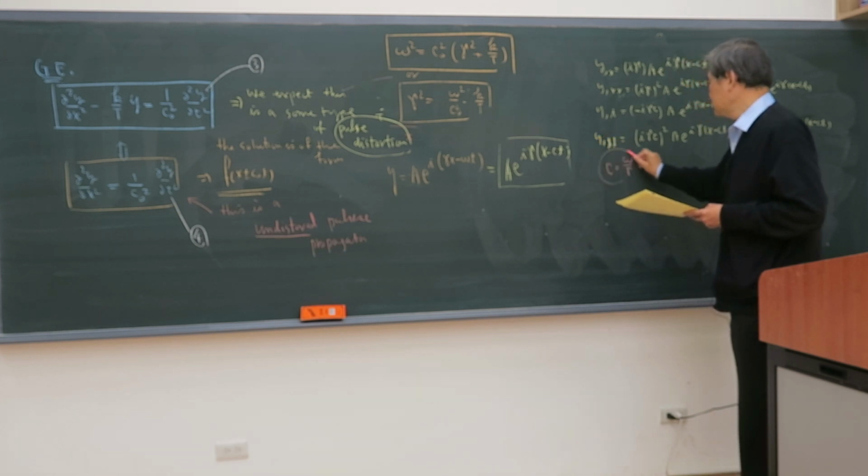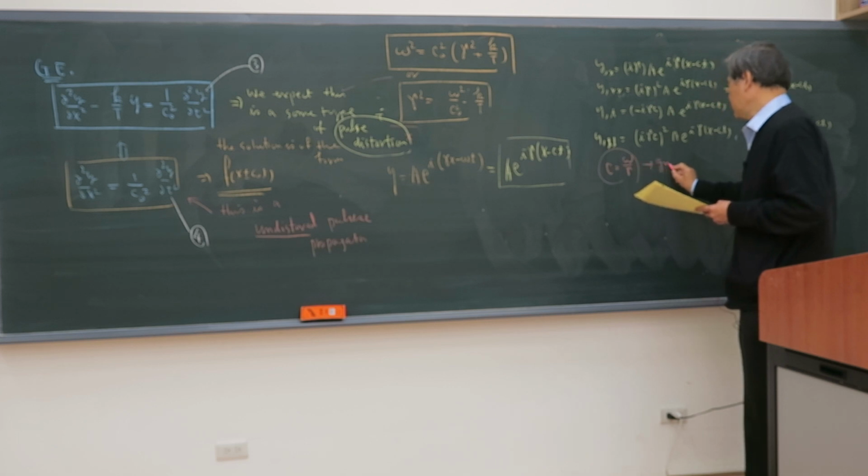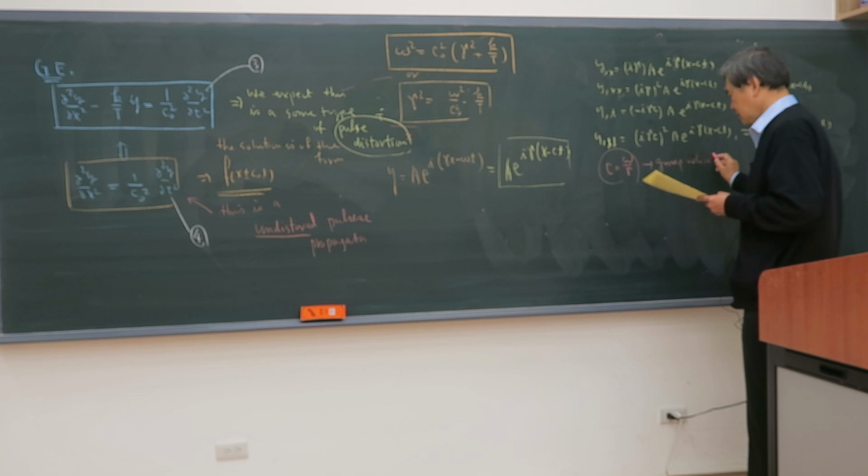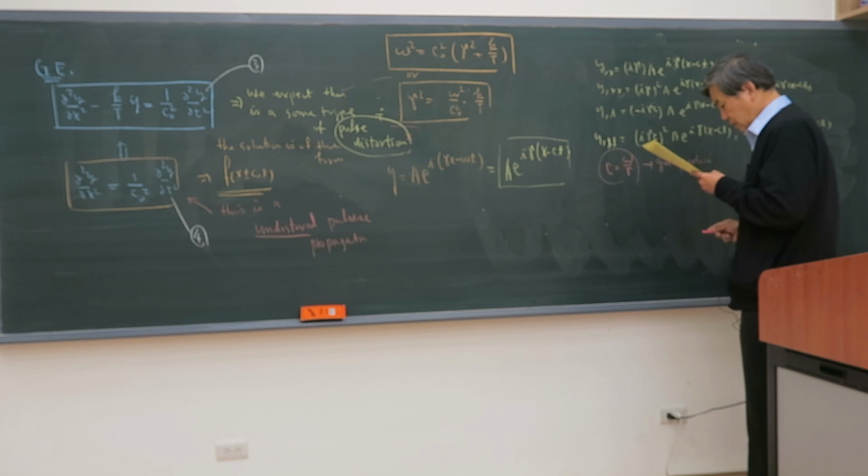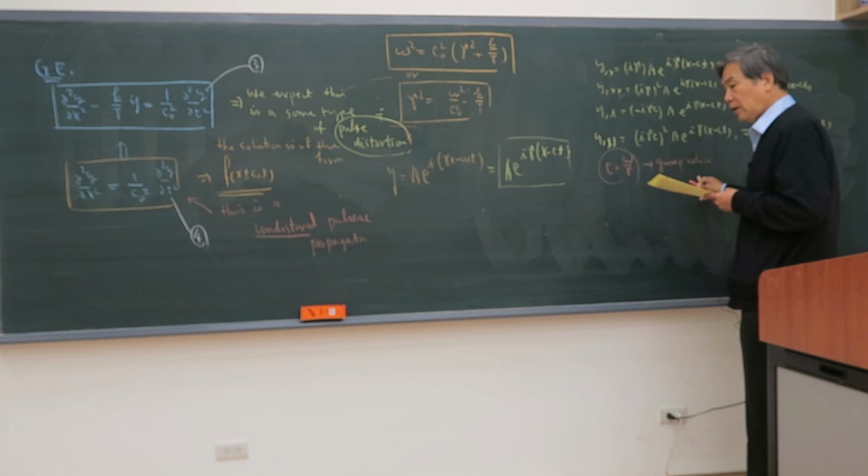So this is what we call the group velocity. Sorry, phase velocity, right? I forgot, it's the phase velocity.